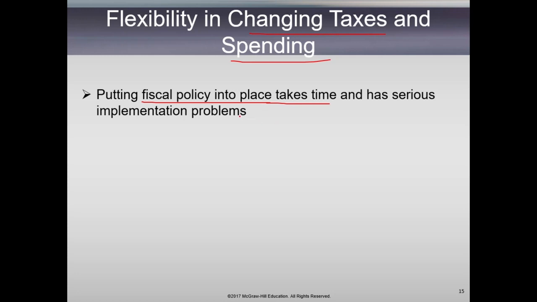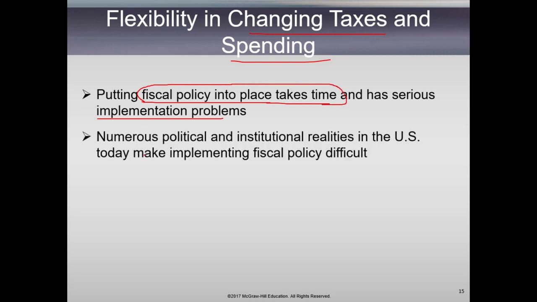And even the normal budgeting process hasn't worked very well in recent years. So there's a lot of haggling between political parties that really puts into question how effective fiscal policy can be in terms of getting the timing right to stimulate the economy.